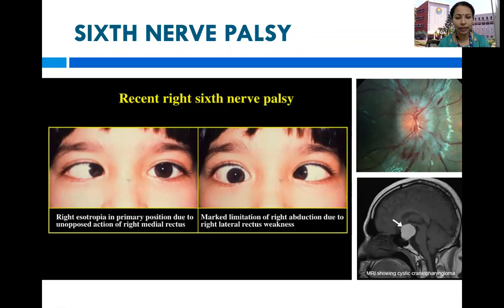Although in some cases, the sixth nerve palsy may be a benign condition and it may be self-remitting, sometimes it may be due to a severe neurological process like a brain tumor or raised intracranial tension, and it has to be identified and treated as an emergency.